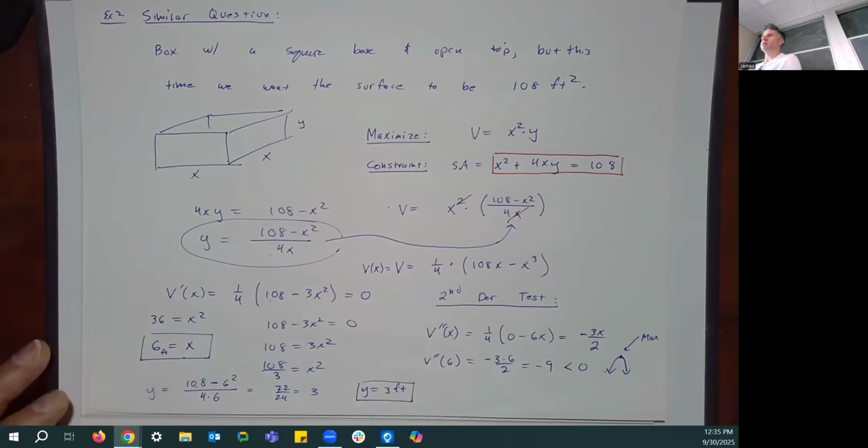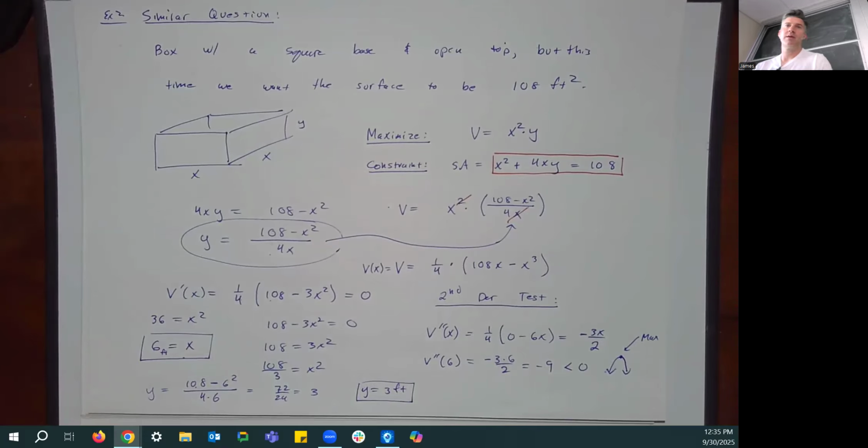And those dimensions maximize the volume of this box with a fixed surface area. For problems like this, where you have an open top box, you almost always get that the height is half the width, or the height is half either the base or the depth. Whether you're given the volume and minimizing the surface area, or given the surface area and maximizing the volume, it almost always works out that way.